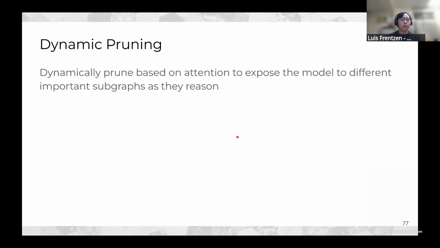And then the last one in the pruning section is dynamic pruning. Basically, you are doing the pruning over and over again, maybe in training or maybe when you reason in your model. And every step is going to give you a different type of masking or pruning.